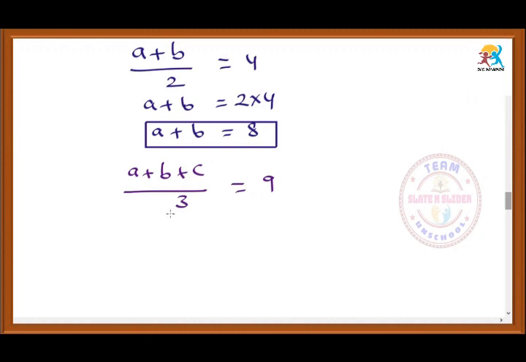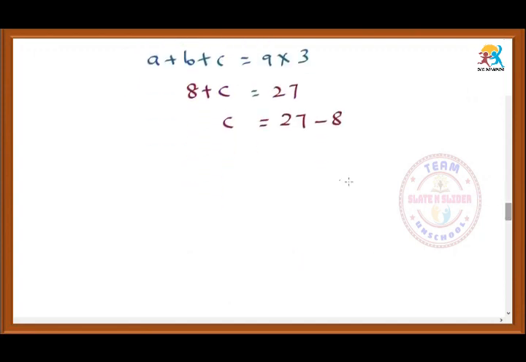We can simplify this: A plus B plus C is equal to 9 into 3. We can substitute the value of A plus B, because we know A plus B is 8. So 8 plus C is equal to 27. So C is equal to 27 minus 8. We can write C is equal to 19. We can draw a box here.